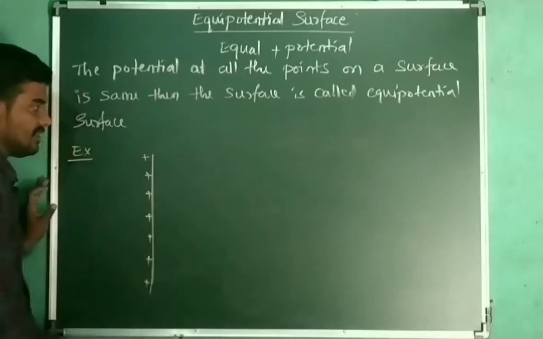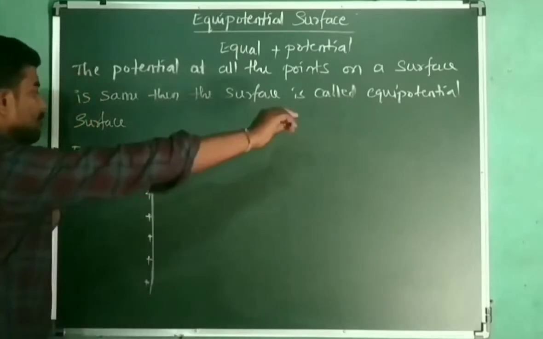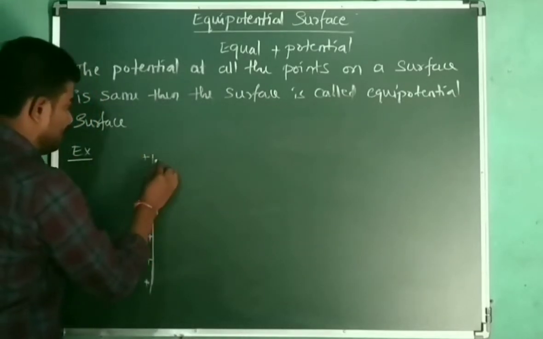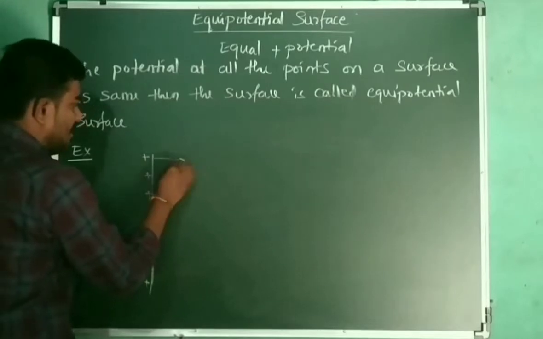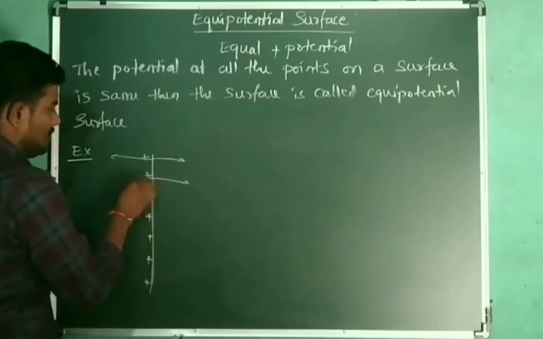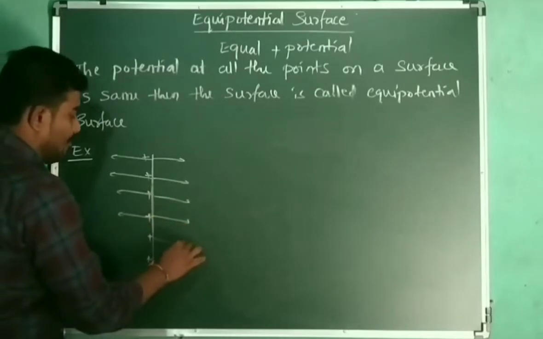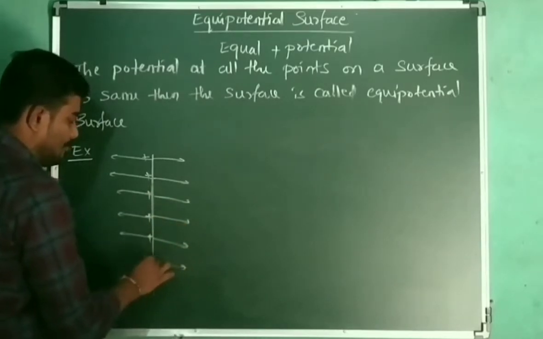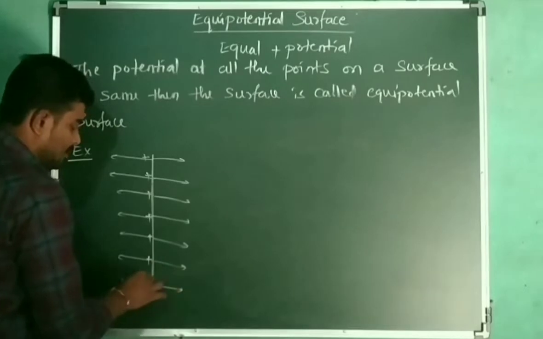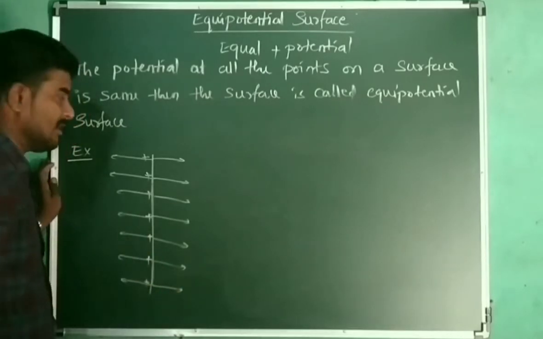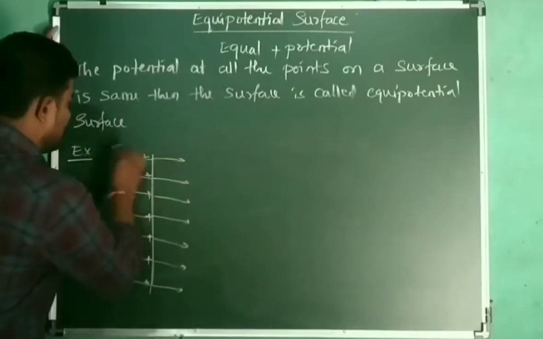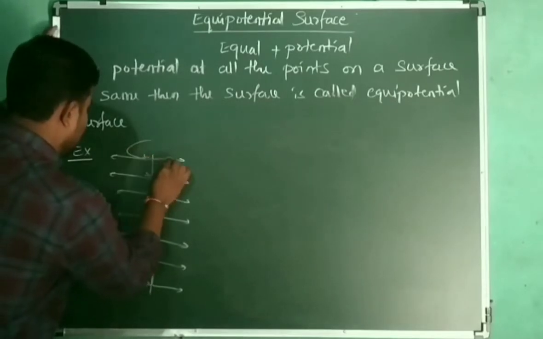There are several charges here, and the shape of the equipotential will be like this, and the direction is once again radially outward. To say equipotential, the point is that throughout the surface the potential has to remain the same. So for this linear charge distribution, we can consider a cylinder.